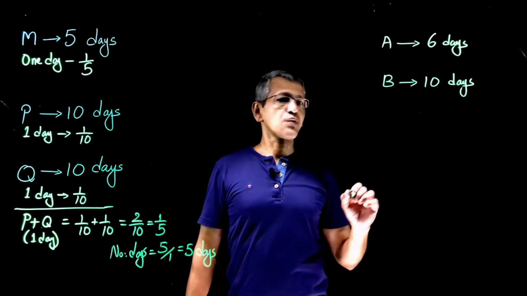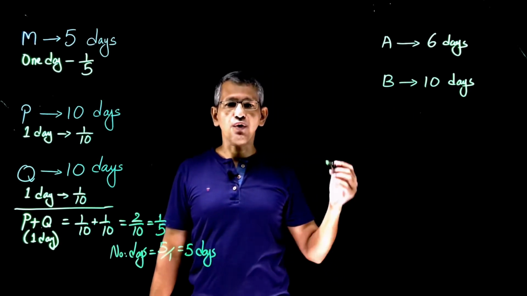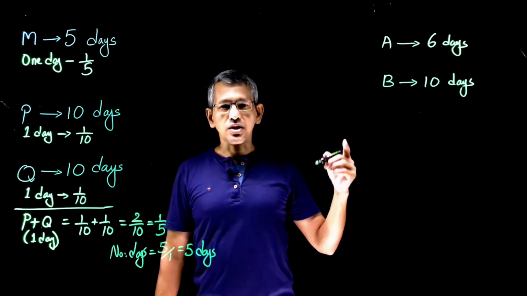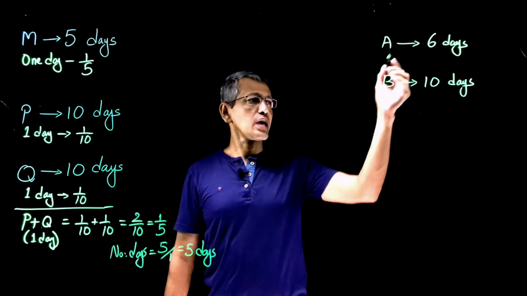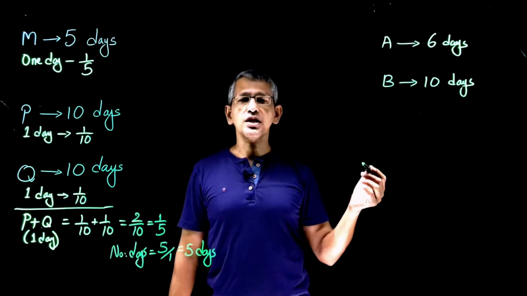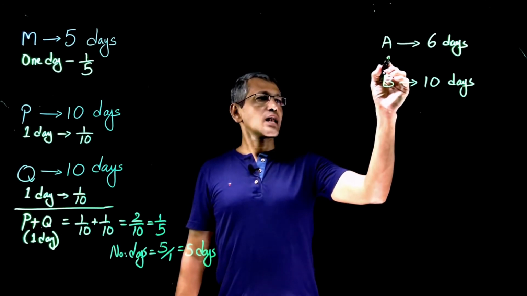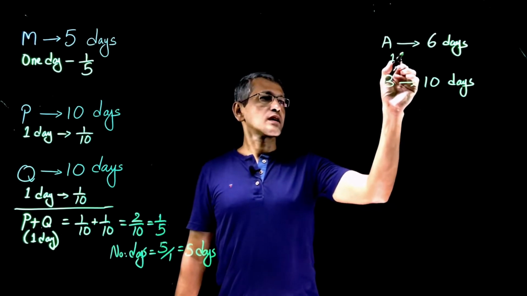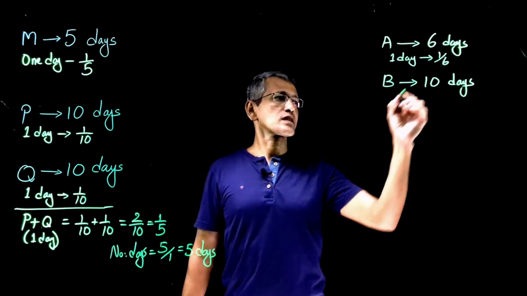In that case, we need to find out how many days are required to complete the task if A and B work together. What we do here: if A works for a day, how much of the task can A do? It is 1/6, correct?